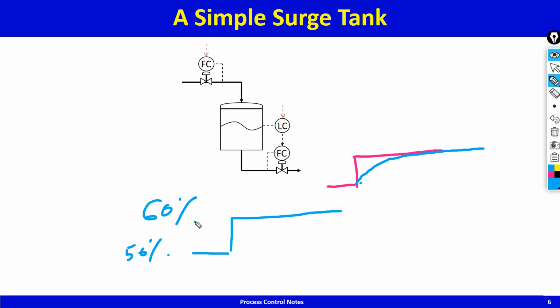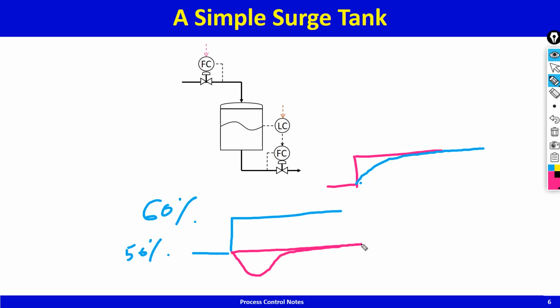So what will happen is, because the level set point has increased, in order to cause the level to increase, flow out will decrease, and then it will increase back up and get back to the same value, because at the final steady state, because the inflow has not changed, the outflow will remain the same as inflow, so it will come back to 0.